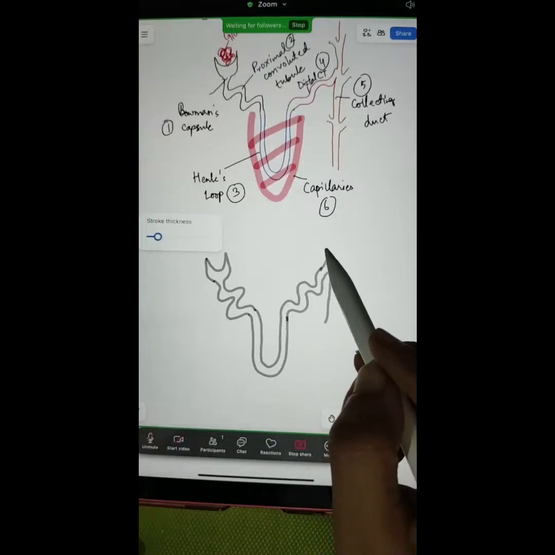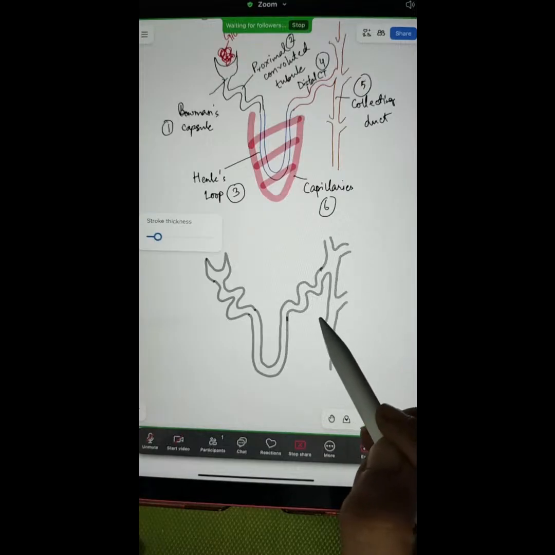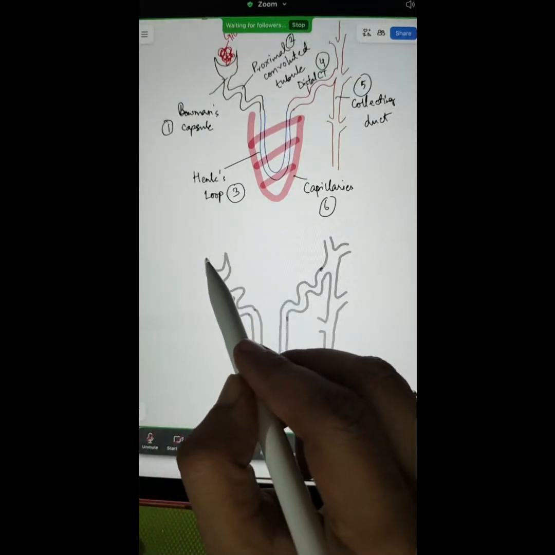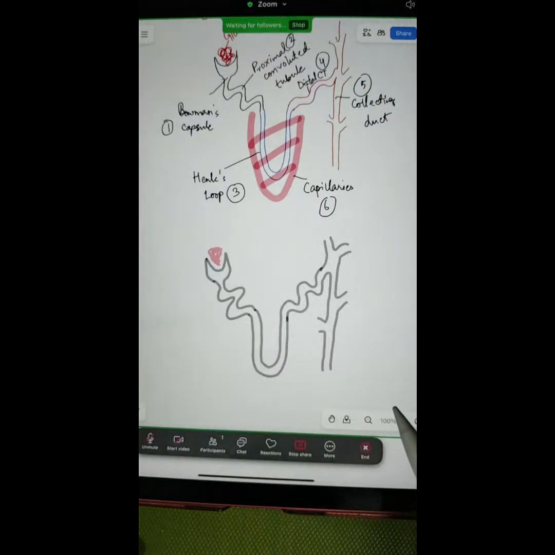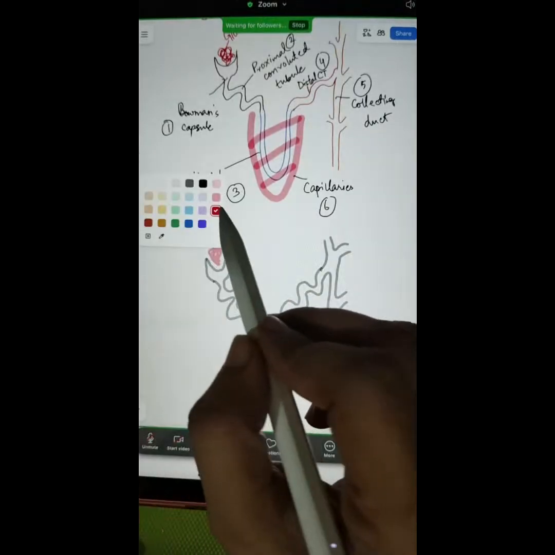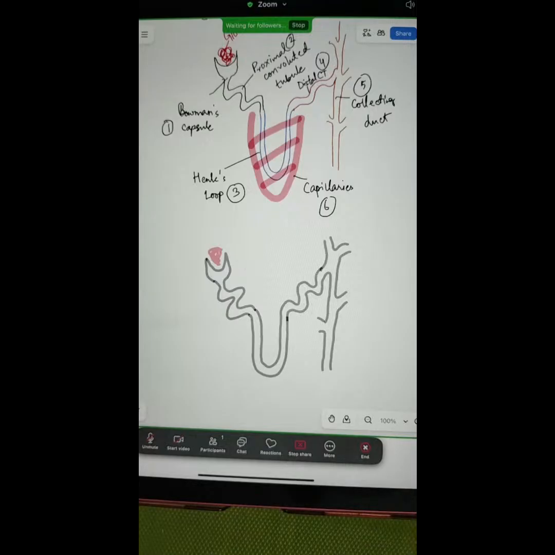This is collecting duct that I am drawing right now. And the bunch of capillaries that rest upon the Bowman's capsule, these are glomerulus, right? So the process of urine formation starts with the filtration of blood. The first step is ultrafiltration.